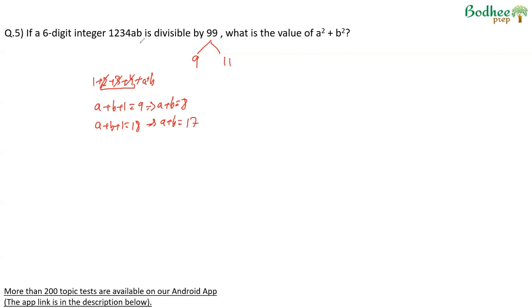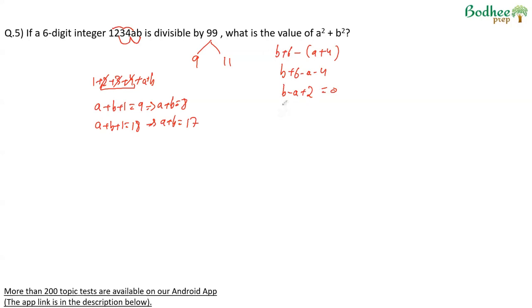But divisibility by 11 means b plus 4 plus 2, b plus 6 minus a plus 3 plus 1, a plus 4. So b plus 6 minus a minus 4, which is b minus a plus 2. This should either be 0 or this should be 11. Can this be 11?